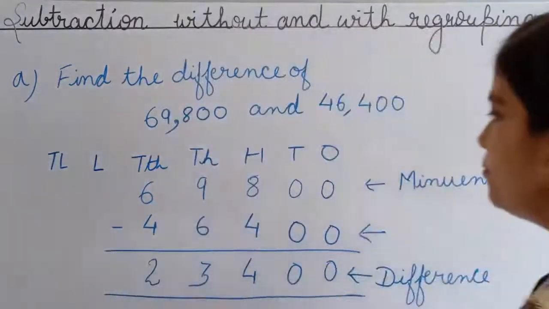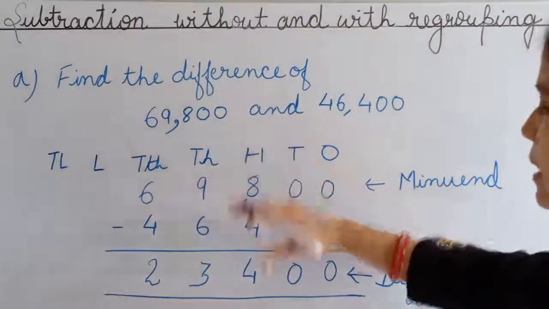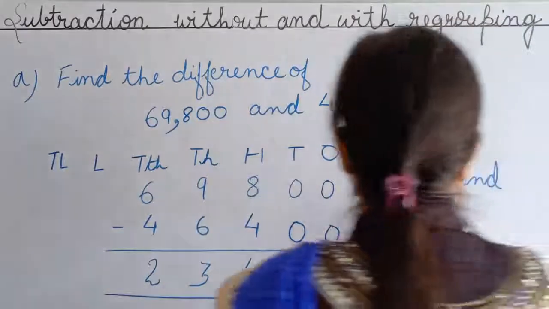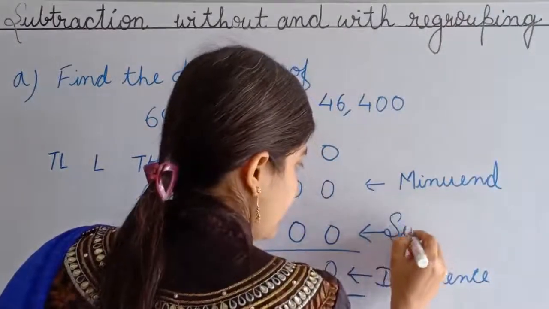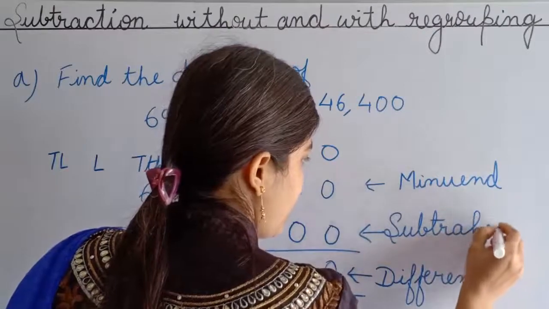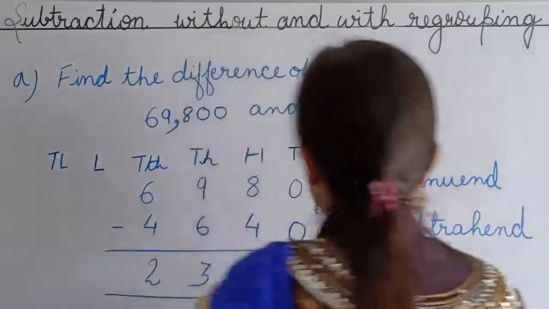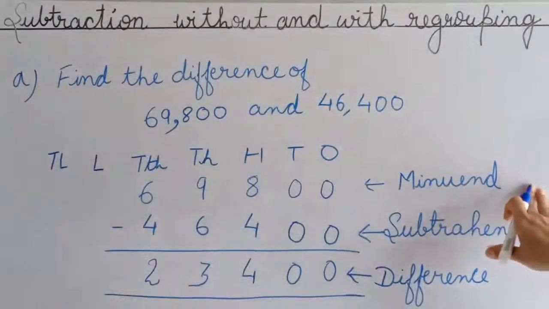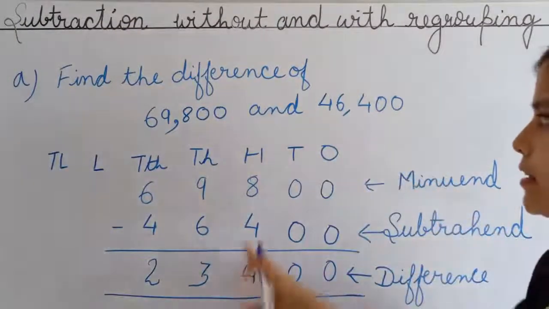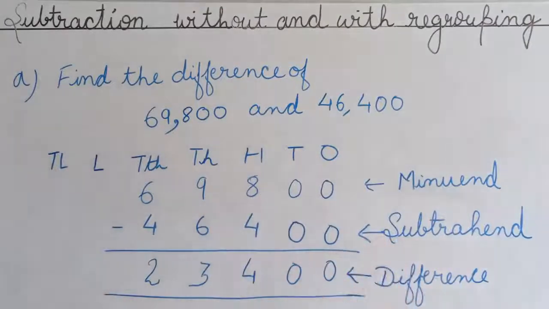And the number which is being subtracted from the bigger number, that means the smaller number, is known as the subtrahend. So the bigger number we call the minuend and the smaller the subtrahend, and the answer that comes is known as the difference of these two numbers.